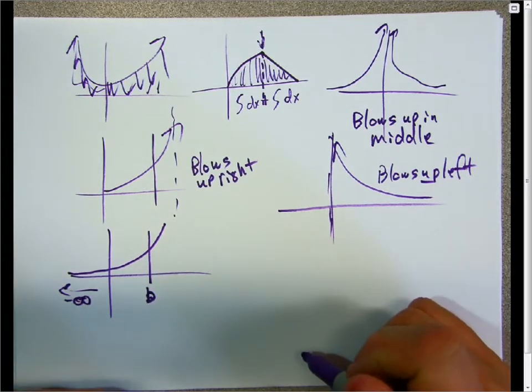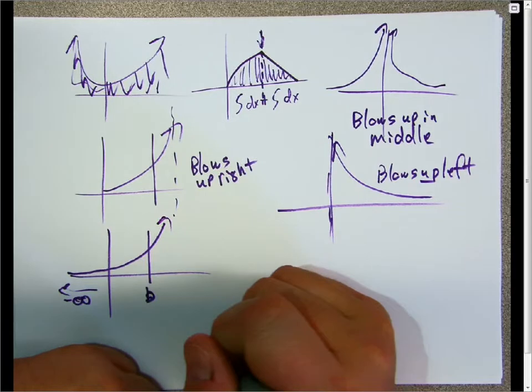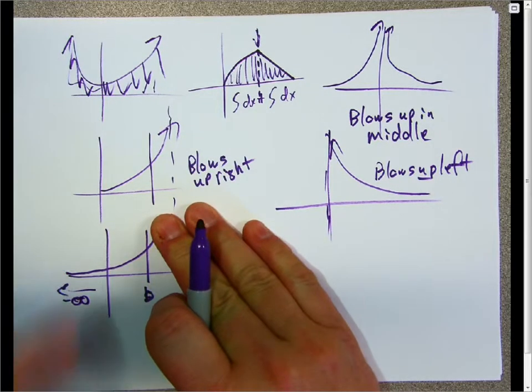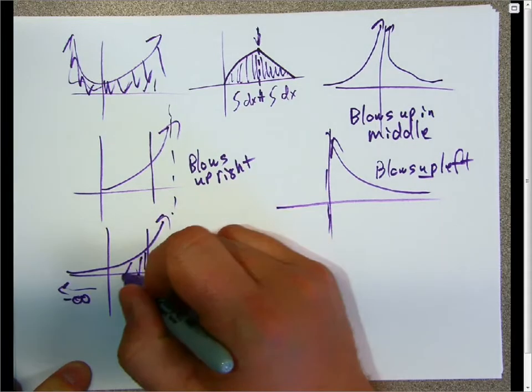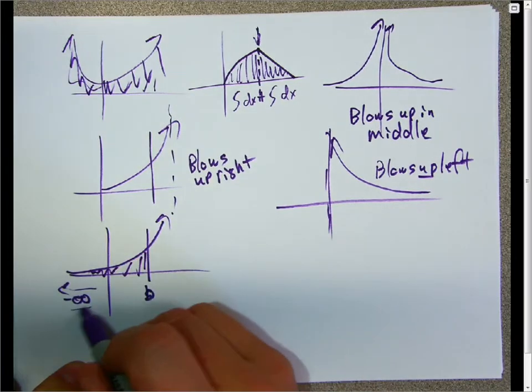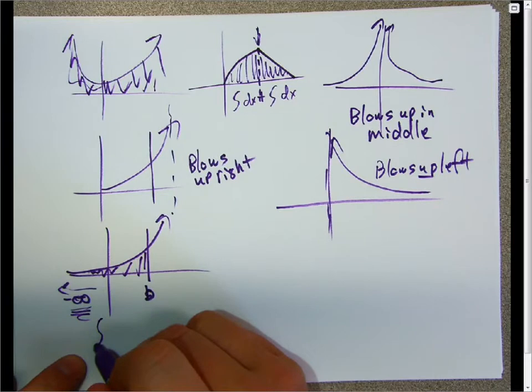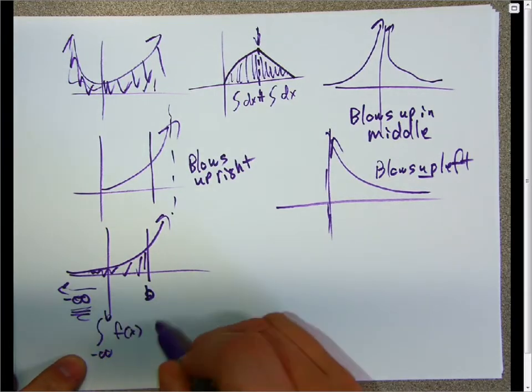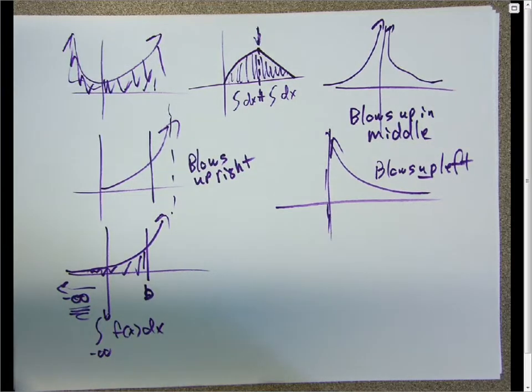Okay, well, since I don't have this issue, that's a separate problem. I'm not even dealing with that. This looks like I might potentially be able to find the area under the curve, but now we have a different problem. We have a bound that goes from negative infinity to b. That's going to be a problem we're going to have to deal with.